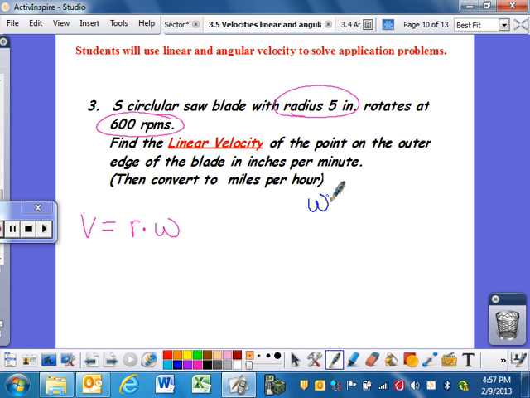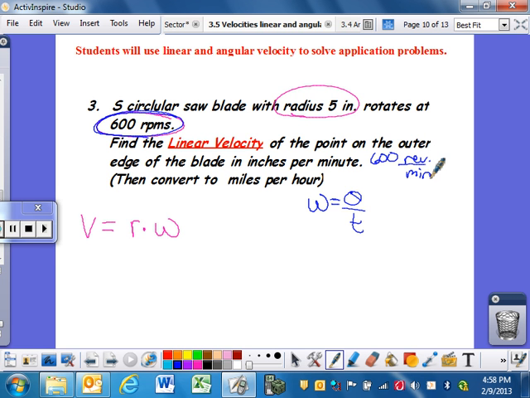Now remember, angular velocity is radius times your, I lied, that's arc length. Angular velocity is your theta over time. Alright, are you able to actually calculate your theta in radians? Now our angular velocity is 600 revolutions per minute.